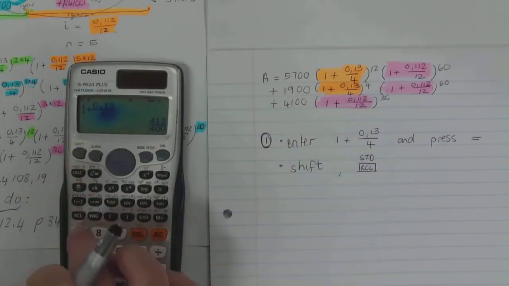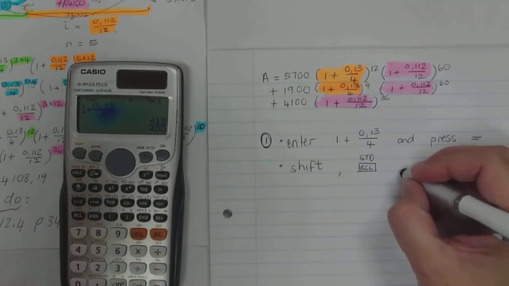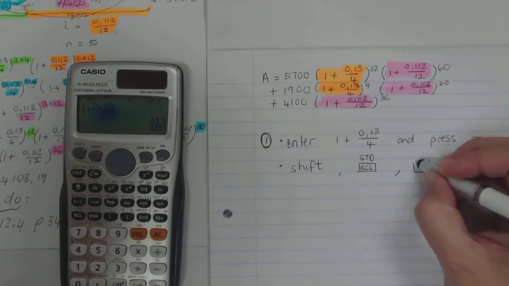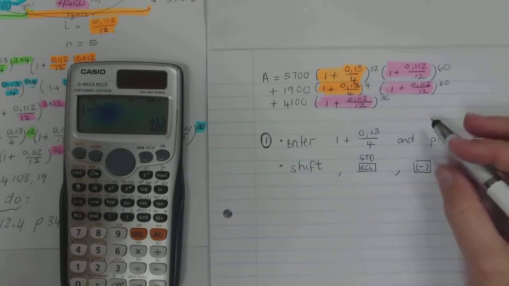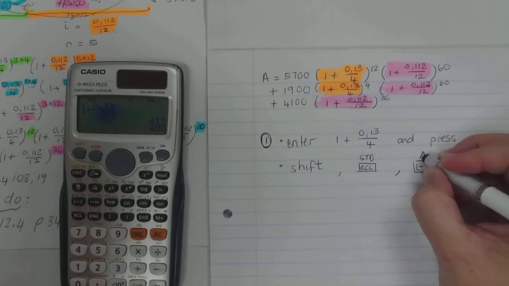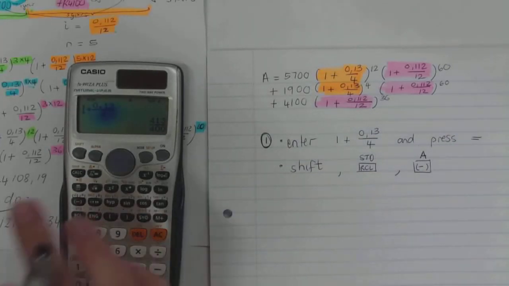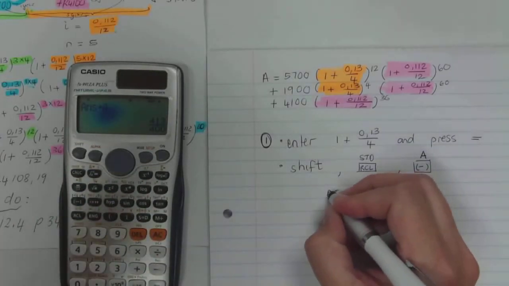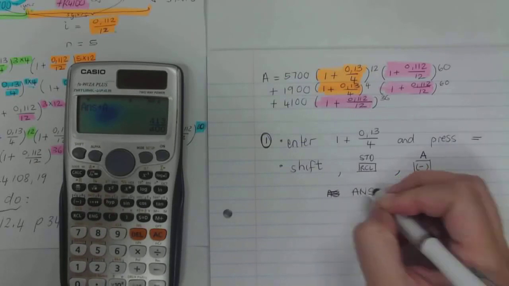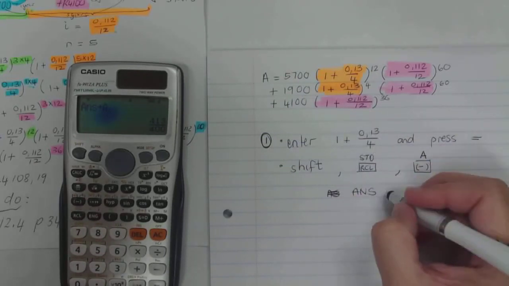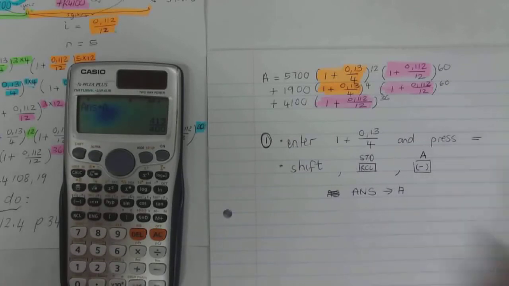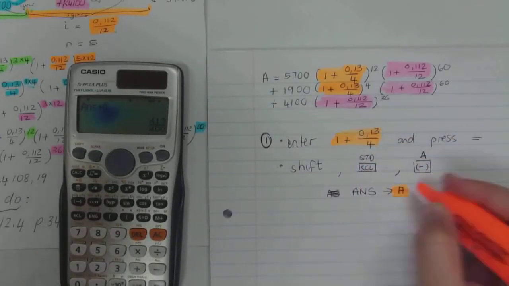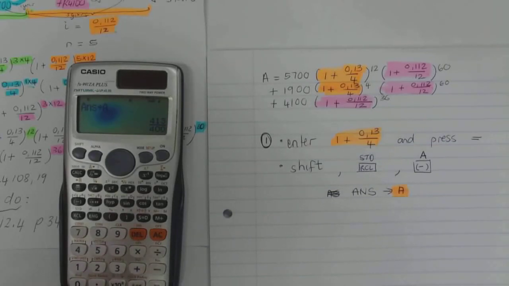So Shift, store, and then I can press the button that has the minus, but in red there's an A. And it tells me that my answer I got for this is now stored as A. So that is now represented by A.